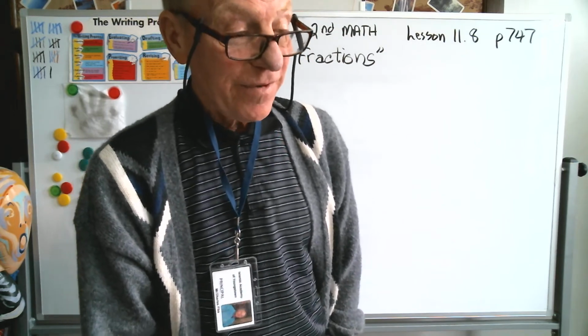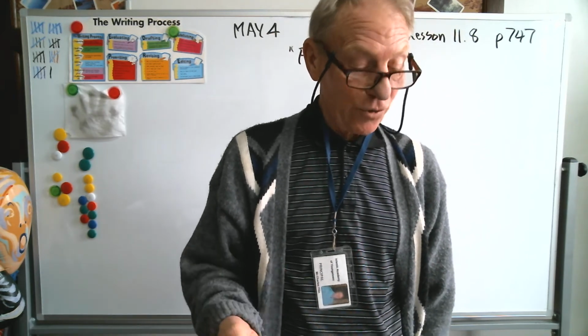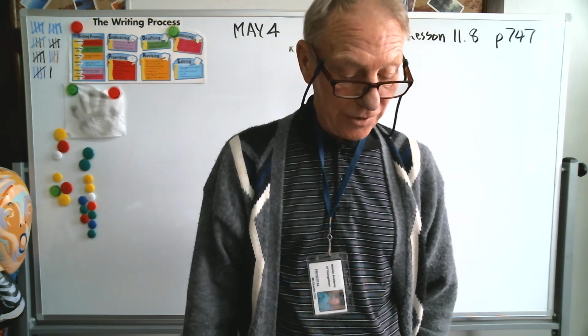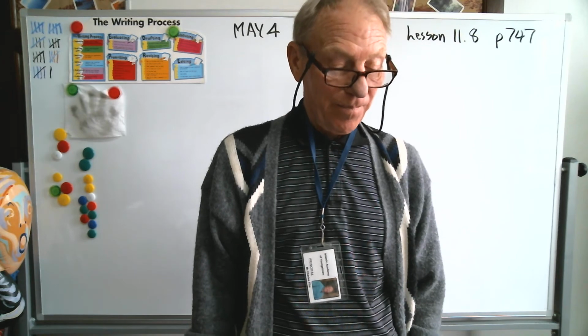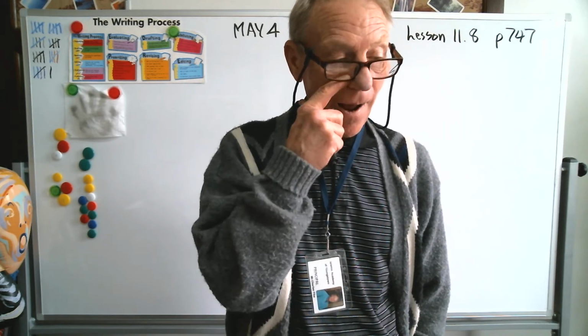On page 750, here they want you to sort out some shapes. And they're asking you to look at a whole pile of shapes there. There's about 8 or 9 of them. And determine whether they actually are equal.